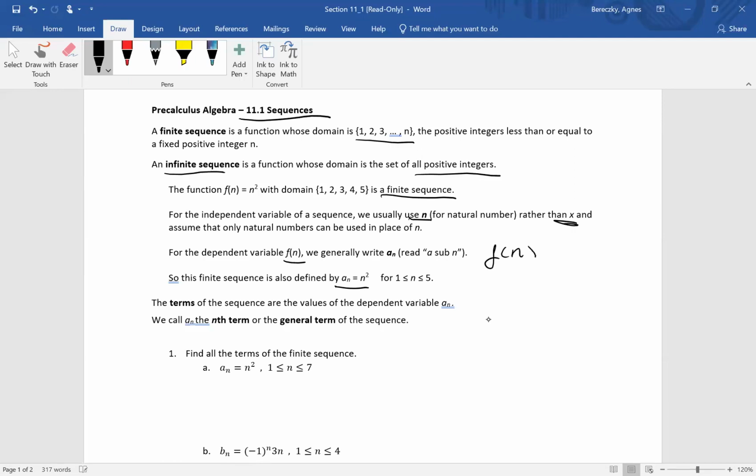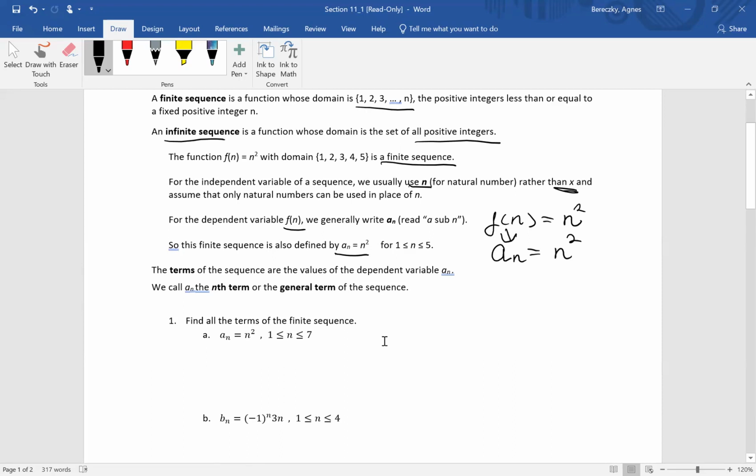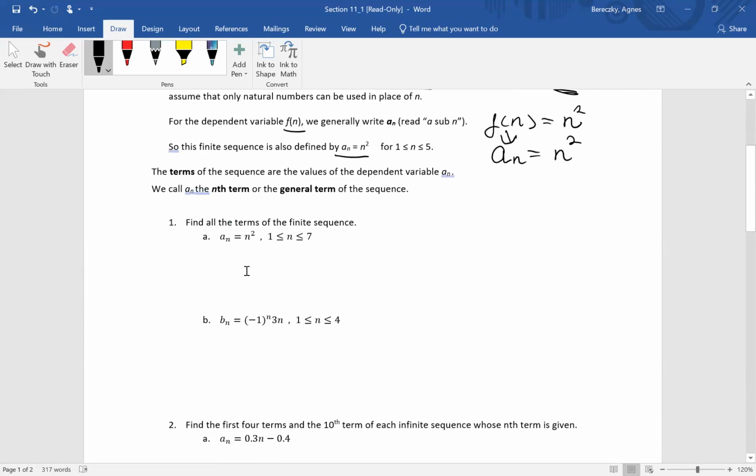Function notation f of n equals n squared gets replaced with a sub n equals n squared in this particular case. The terms of a sequence are the values of the dependent variable a sub n. We call a sub n the nth term or the general term of the sequence.